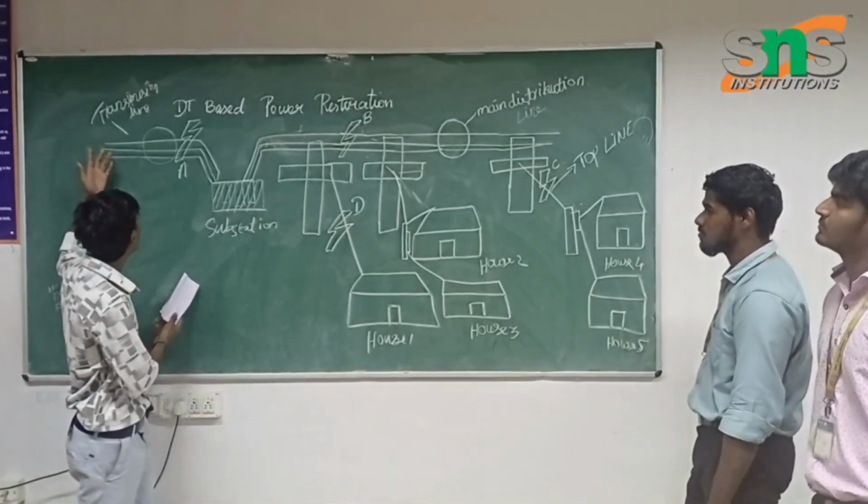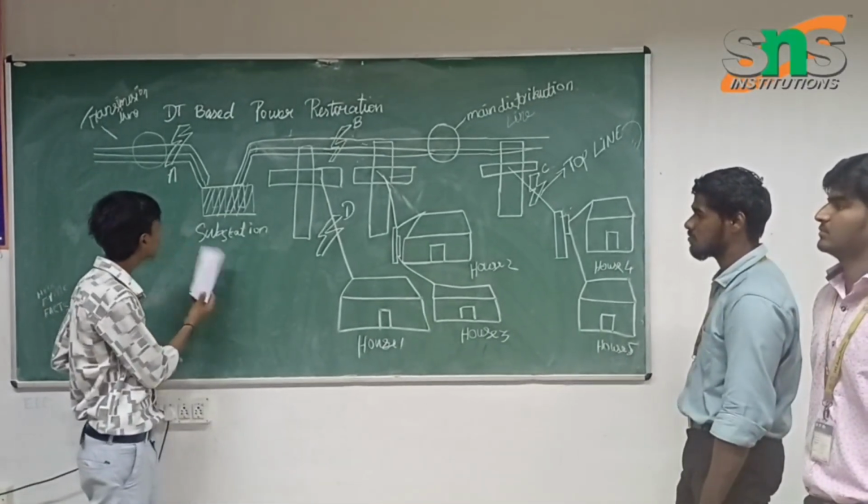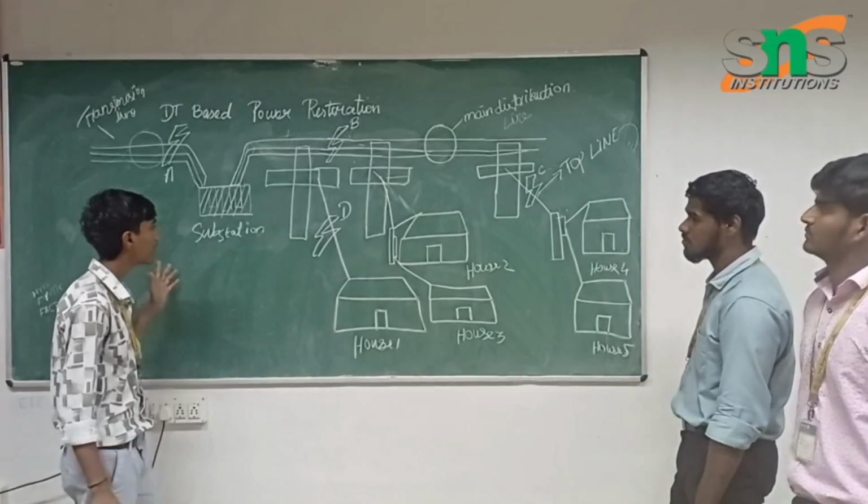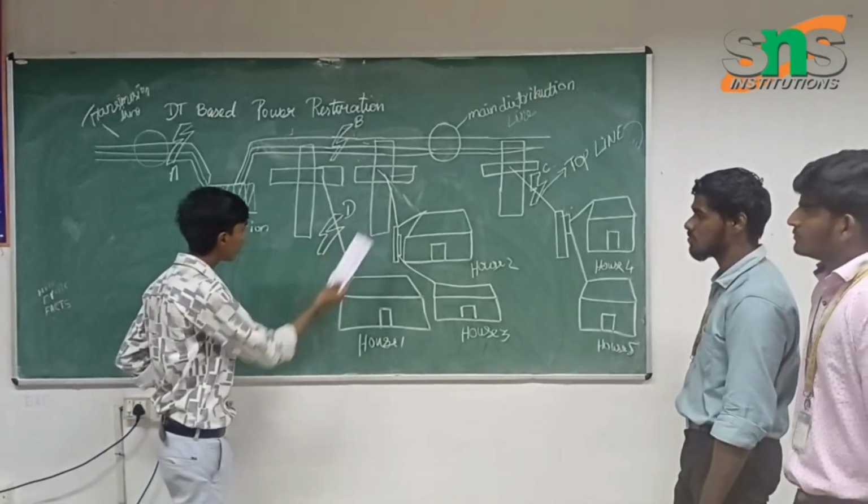The transmission line and a power station are generating the power for the home appliances.